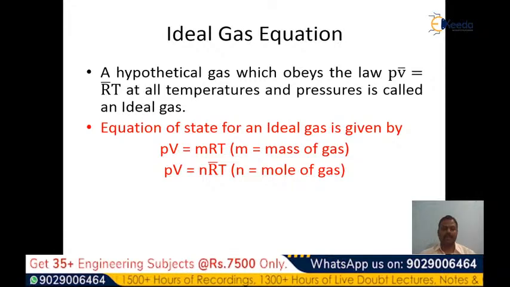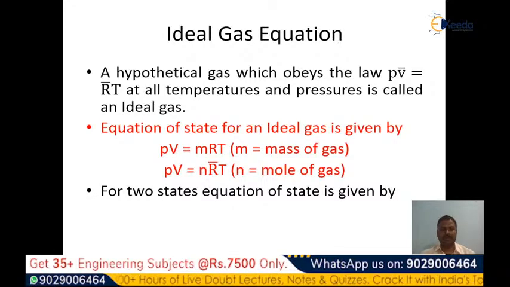For two state points, the equation of state can be written as P1 V1 divided by T1 equal to P2 V2 divided by T2.